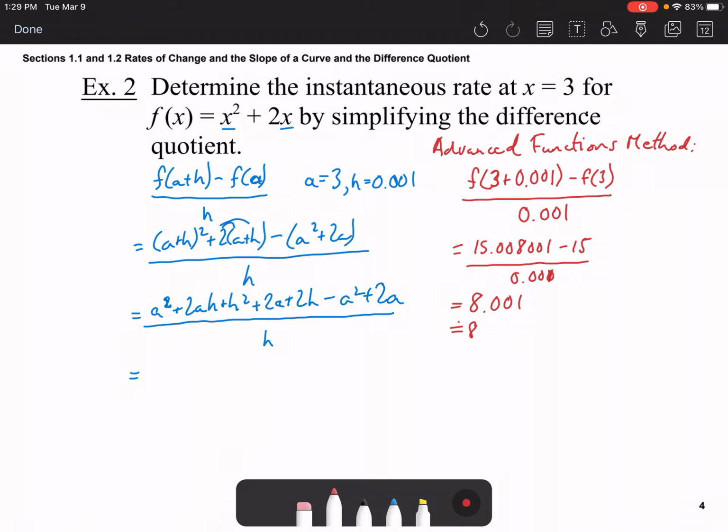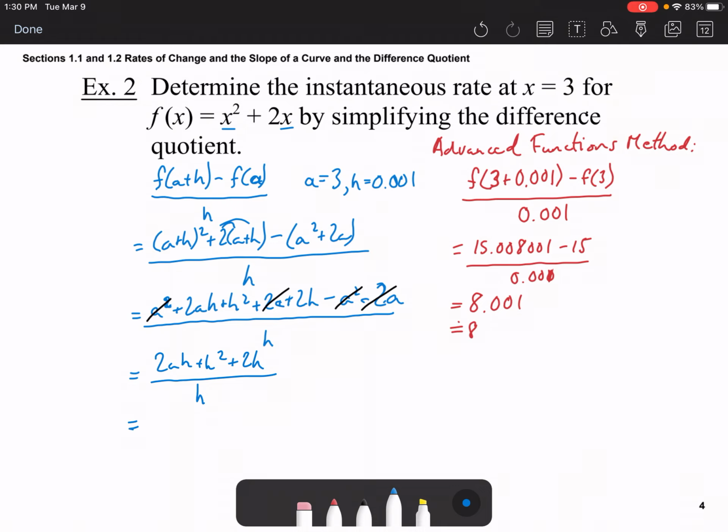Okay, so here I notice a squared cancels with minus a squared, 2a cancels with, oops, forgot to distribute. That's a negative 2a. So the 2a will cancel with a negative 2a. That leaves me with 2ah plus h squared plus 2h all over h.